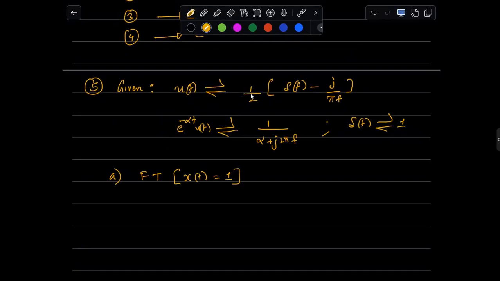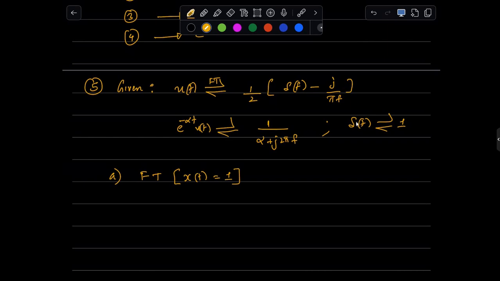Here delta of t has its Fourier transform given, e power minus alpha t also has a Fourier transform, 1 over alpha plus j2 pi f, and delta of t has the Fourier transform 1. We want to find x of t equal to 1.